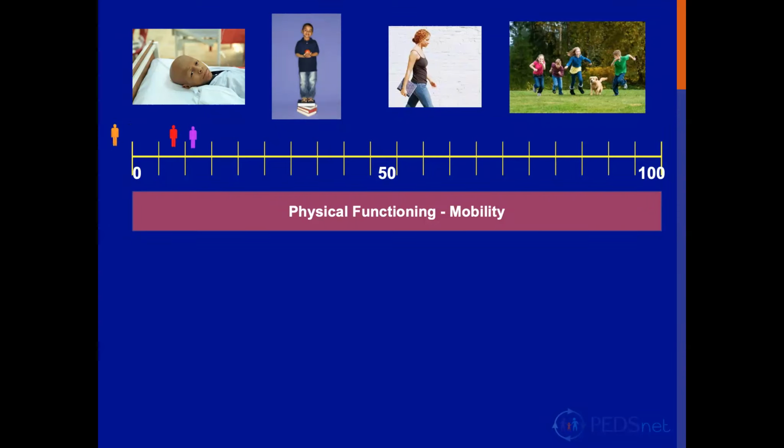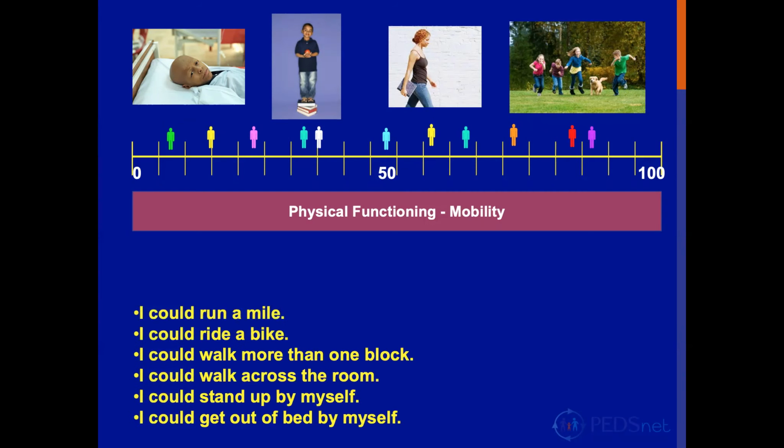So the people here are moving into the scale, and each person can be assigned a score somewhere on that bell distribution. Then you create a whole set of items that assess physical functioning. Some of these items are going to be useful for assessing people at the low end.